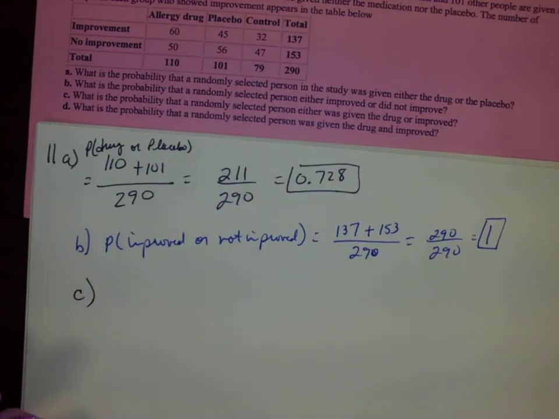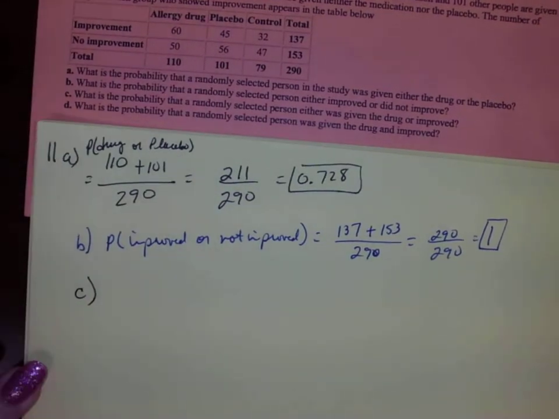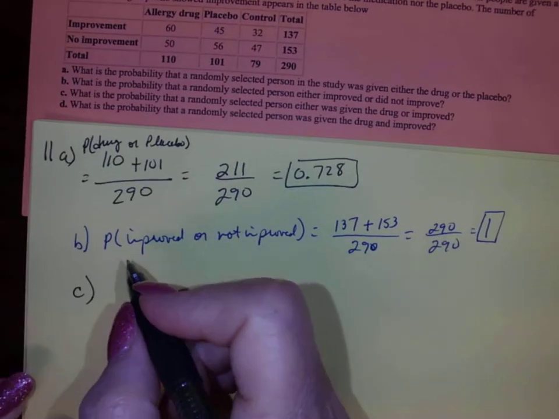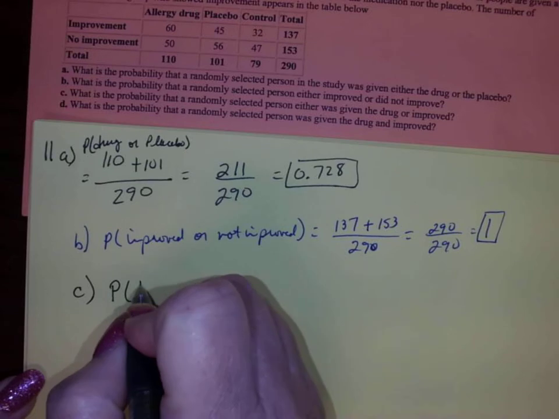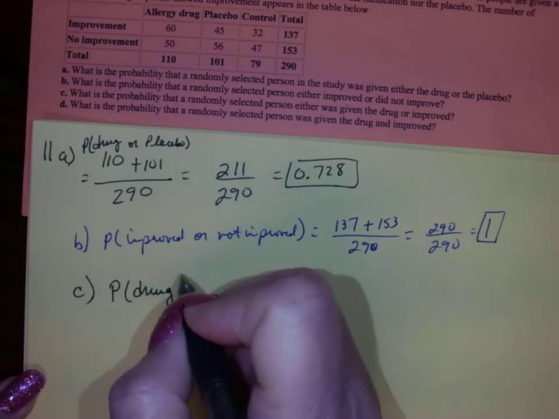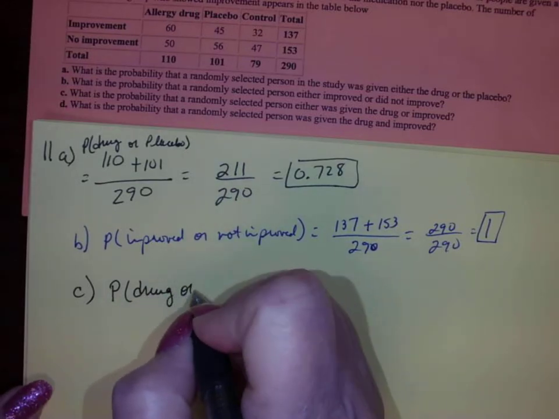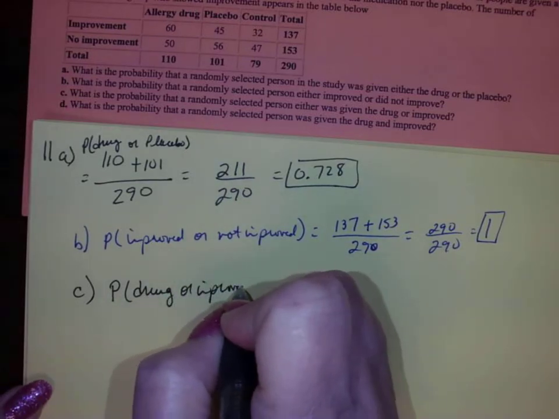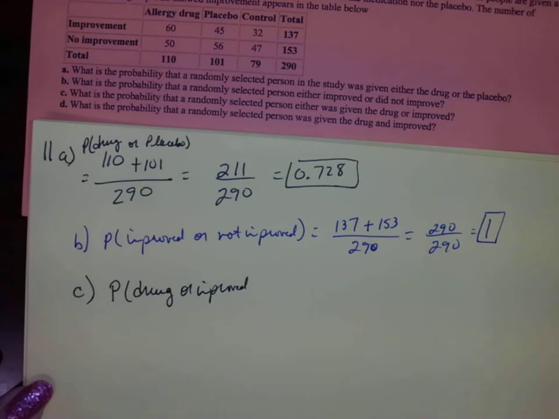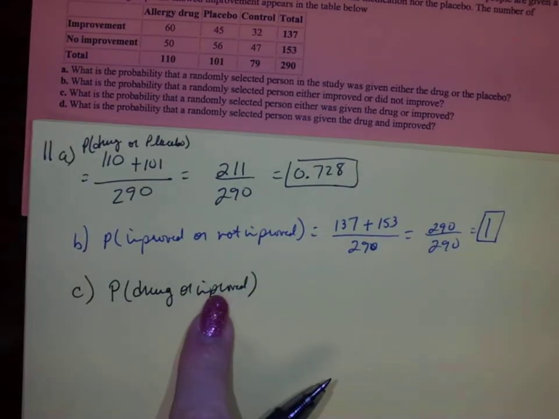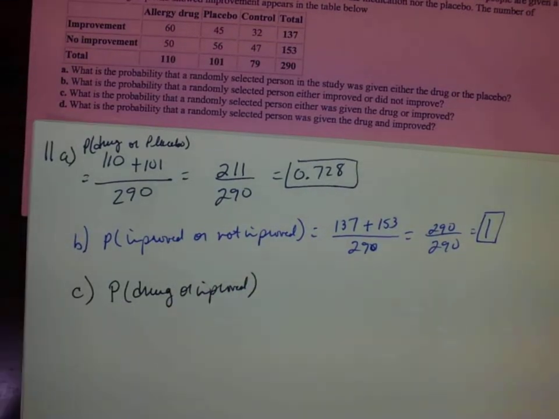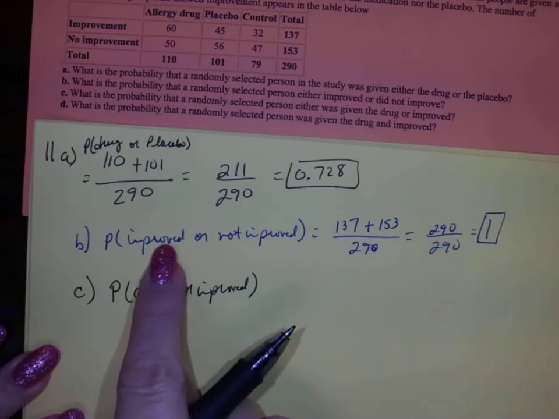All right, part C. What is the probability that a randomly selected person either was given the drug or they were improved? So this will be the probability of the drug or improved. So this is another union situation here, but in this case, it's a little bit different.